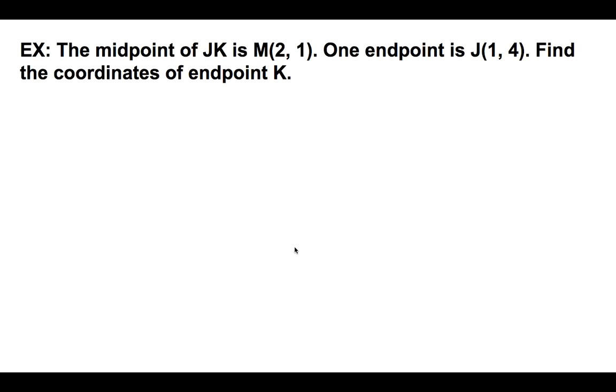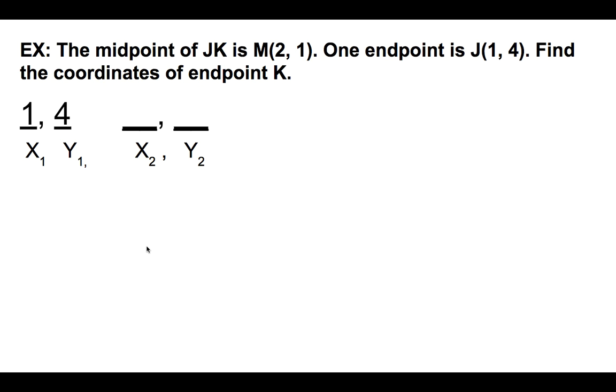Now we have a different example. Here we are given the midpoint of the line segment JK, and one of the endpoints, and our goal is to find the other endpoint K. I'm going to label what I know for sure. My x sub 1, y sub 1 is 1, 4 because I was given that endpoint. We don't know the other endpoint, x sub 2, y sub 2, but I do know the midpoint.